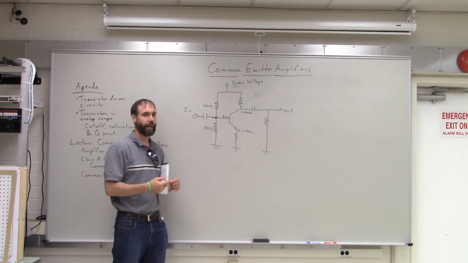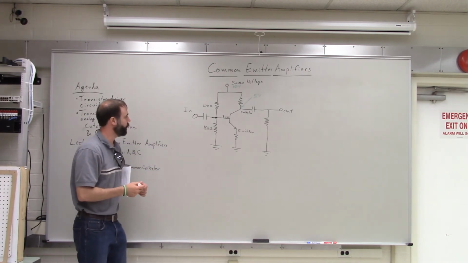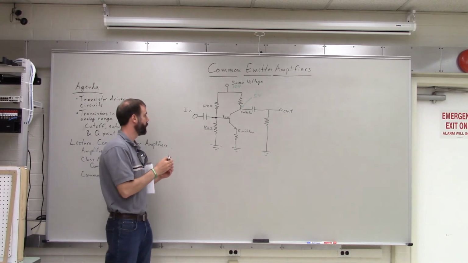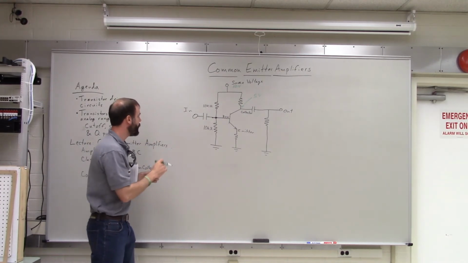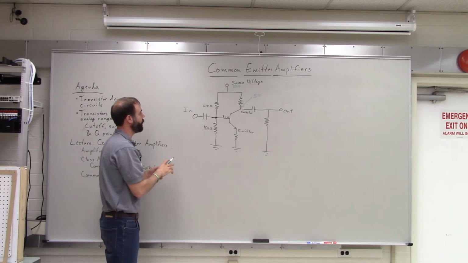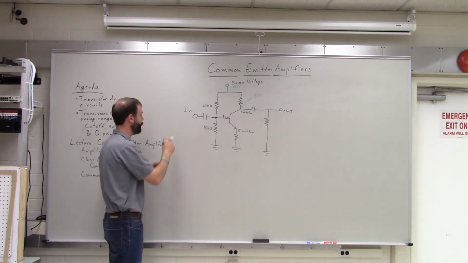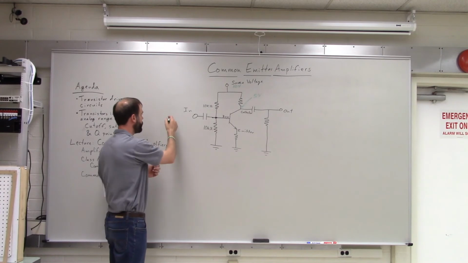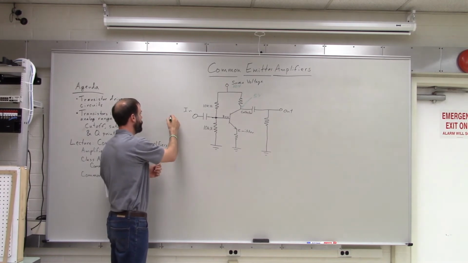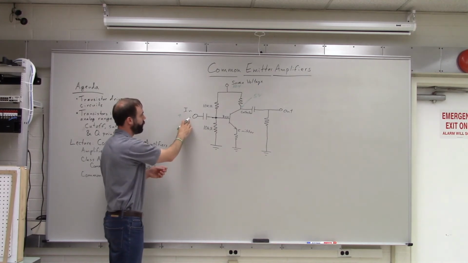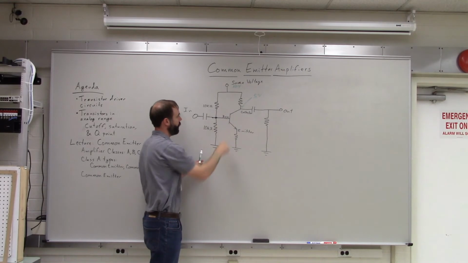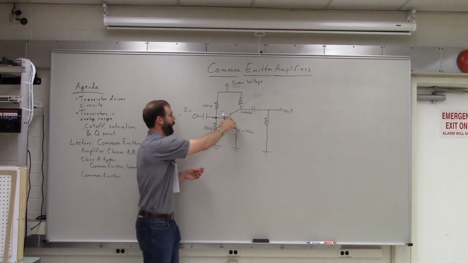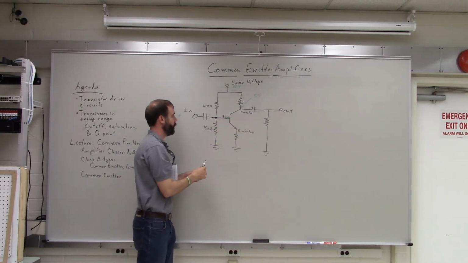So let's take a look at this circuit a little bit more closely. Let's say we have a small signal coming in here, all right? So say we have a small positive voltage on the input, right? So now we have a little bit more current flowing from our base to our emitter.